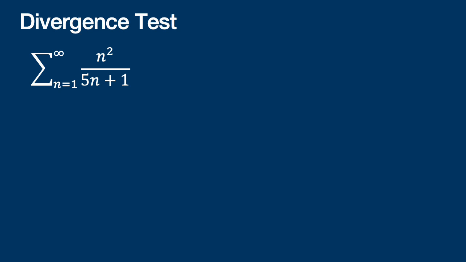So let's have an example, guys. Here is the divergence test. You're going to use the divergence test first to determine whether a series converges or diverges. So first you have to find a_n. What is the sequence? This is the sequence. So a_n is going to be n^2 over 5n plus 1.